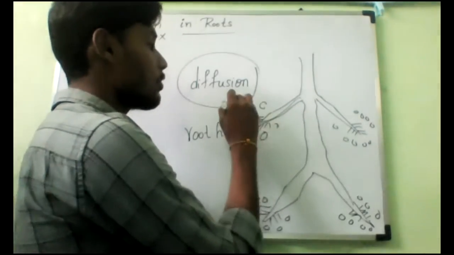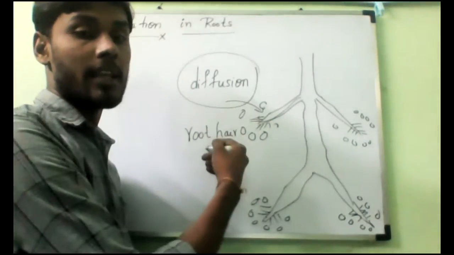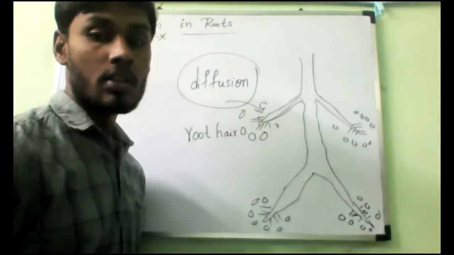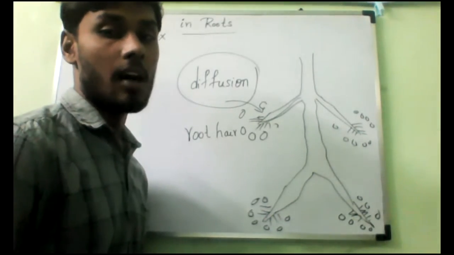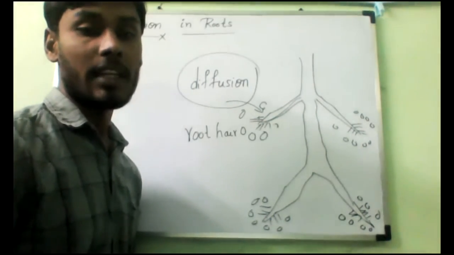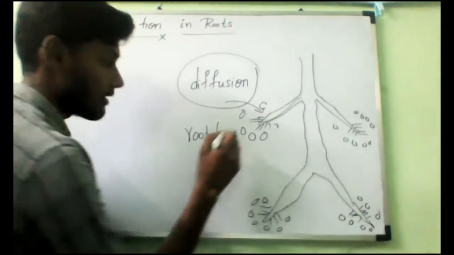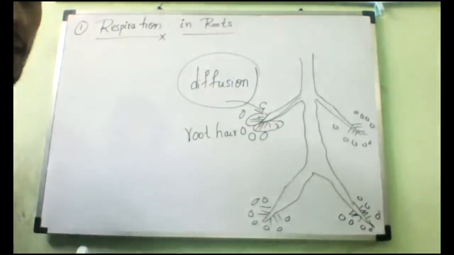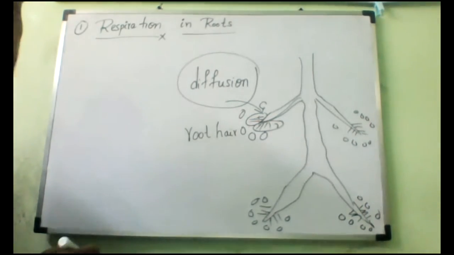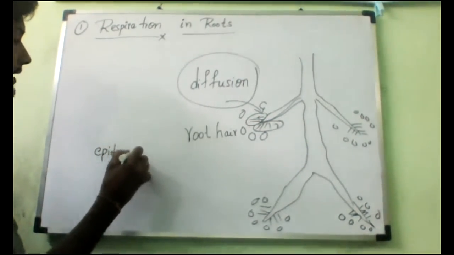Now outside oxygen is diffusing inside, and inside carbon dioxide is diffusing outside, so respiration in roots occurs by the diffusion of respiratory gases, carbon dioxide and oxygen, both through a single part of the plant. That is the extensions of the epidermal cells of the plant's roots.